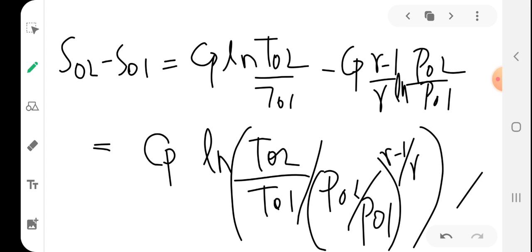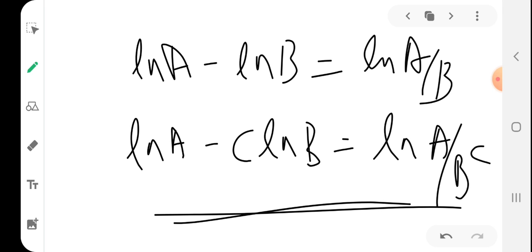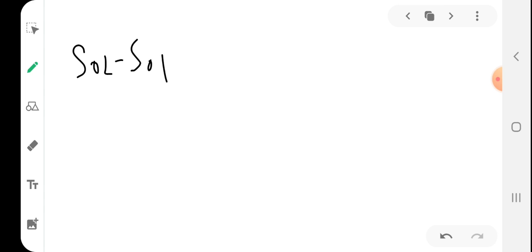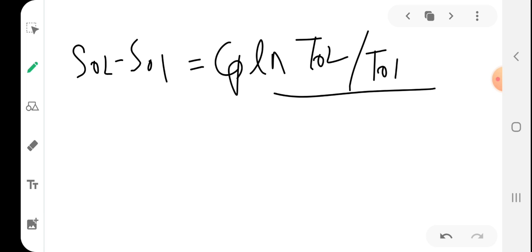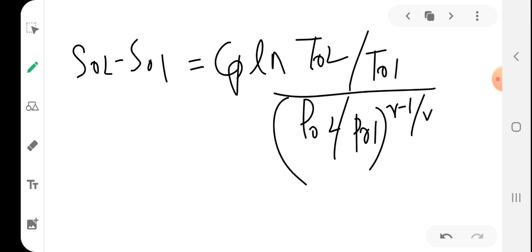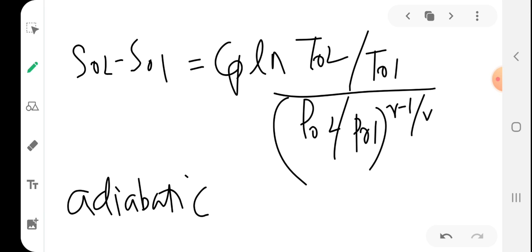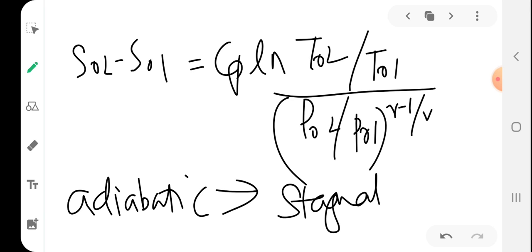Now S02 minus S01 can be written as Cp log of T02 by T01 divided by P02 by P01 raised to gamma minus 1 by gamma. Since the process across our shock wave is adiabatic, for a perfect gas the stagnation temperature remains constant.